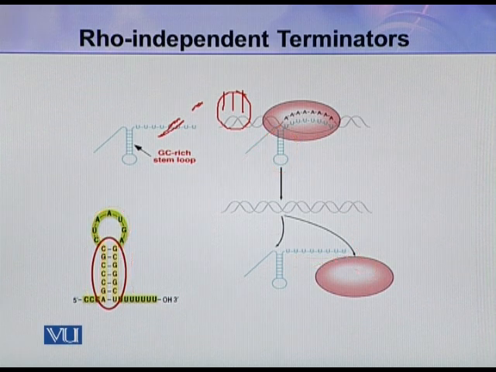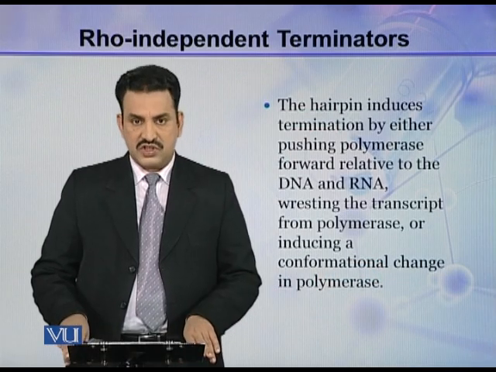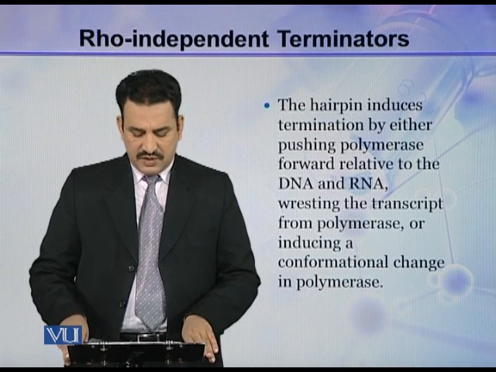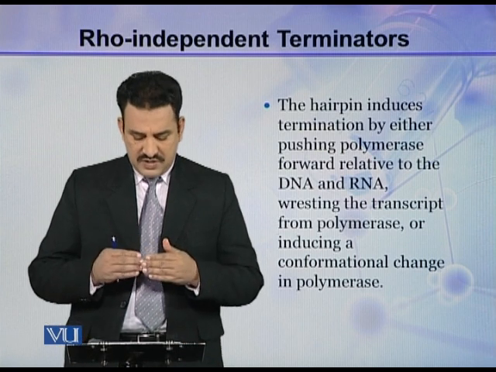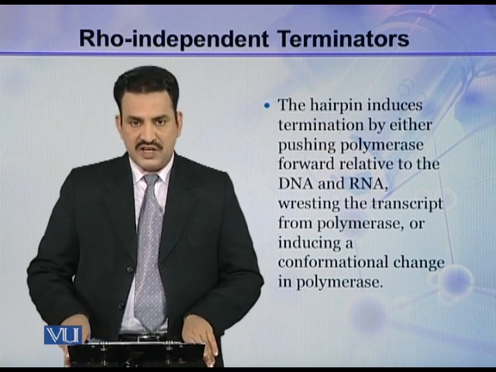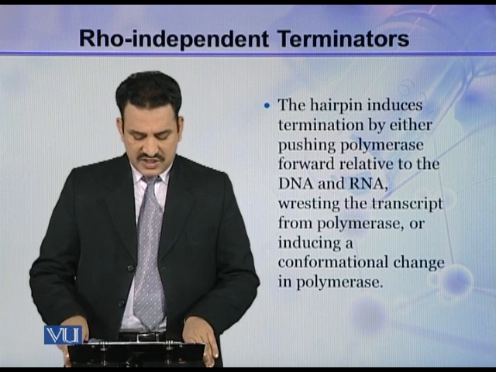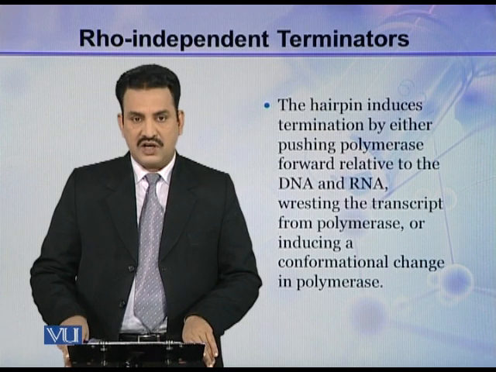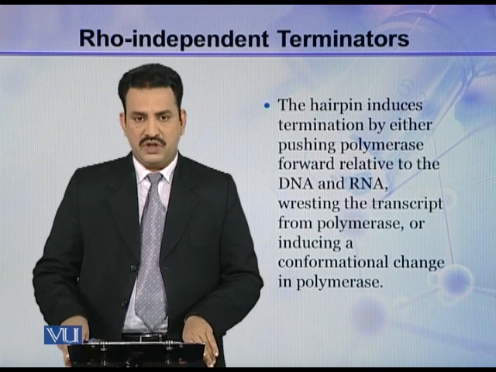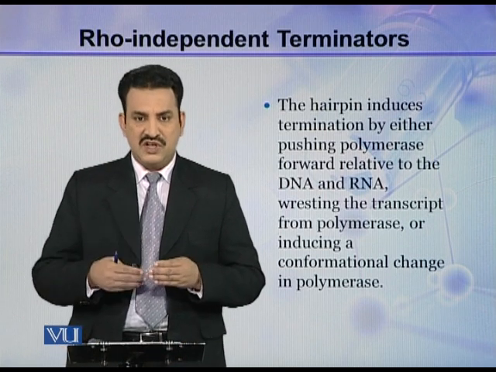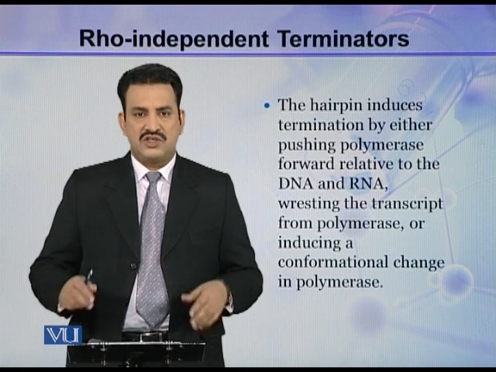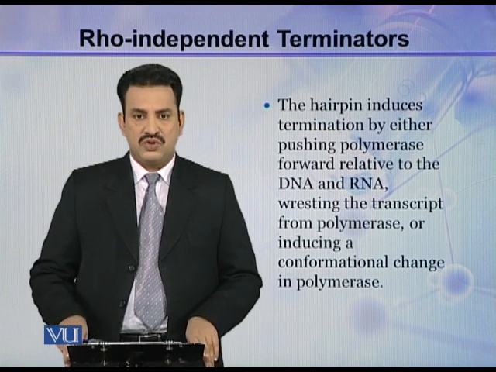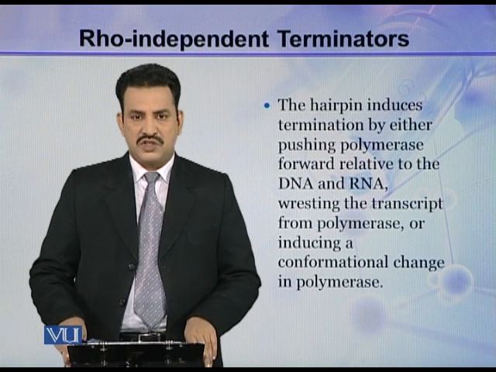So in this way it stops transcription. The hairpin induces termination by either pushing polymerase forward relative to the DNA and RNA, wresting the transcript from polymerase, or inducing a conformational change in polymerase. So all these three explanations are similar to the Rho dependent terminators.